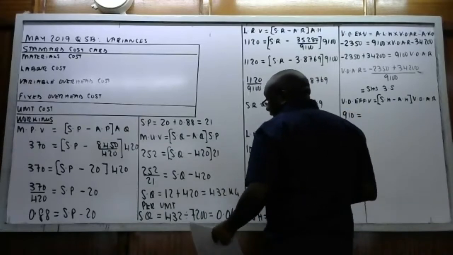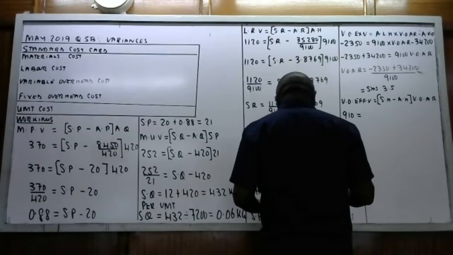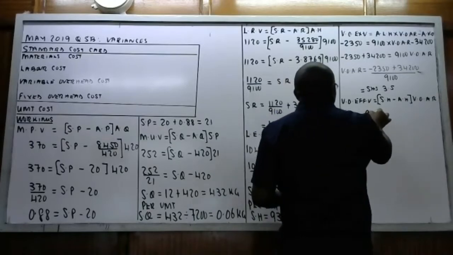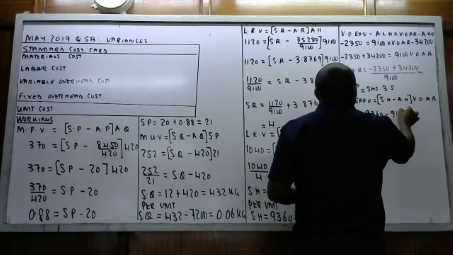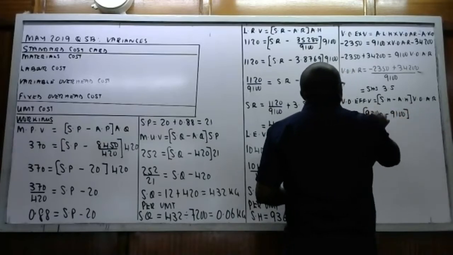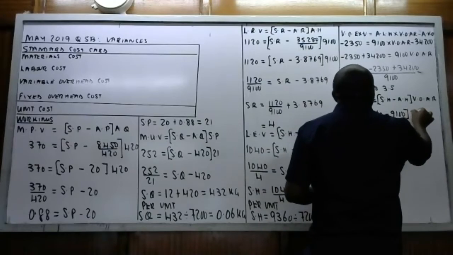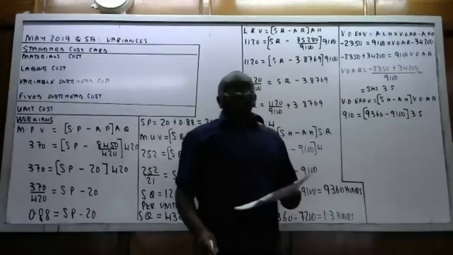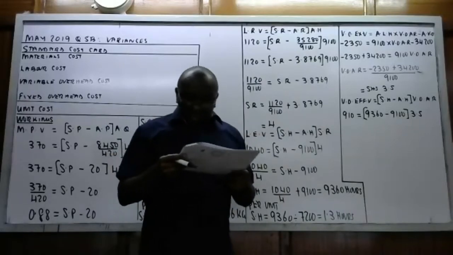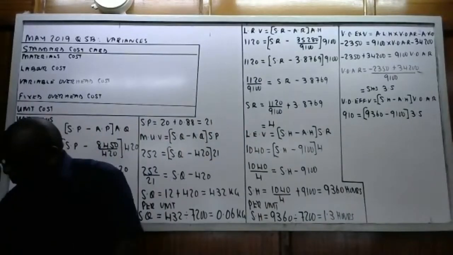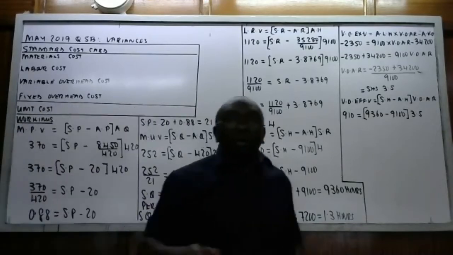Standard hours is 9360 minus 9100, and then this is 3.5. So confirm whether that will agree. Confirm whether that is true.